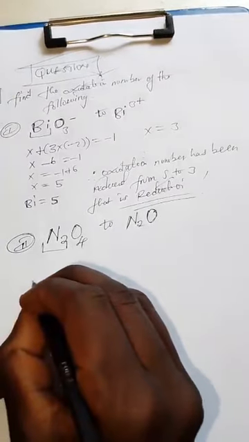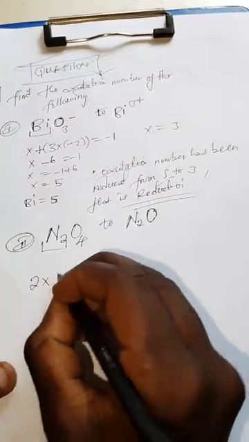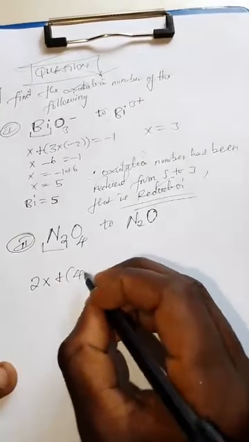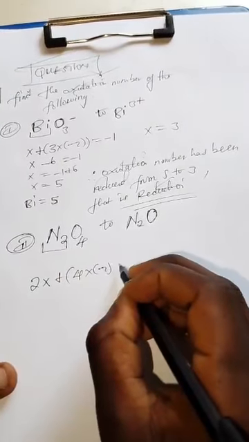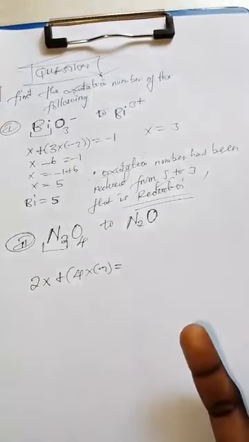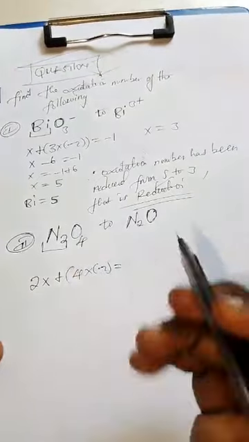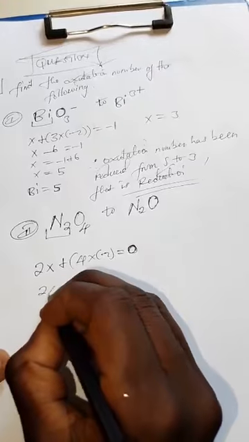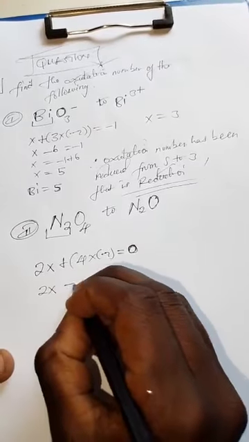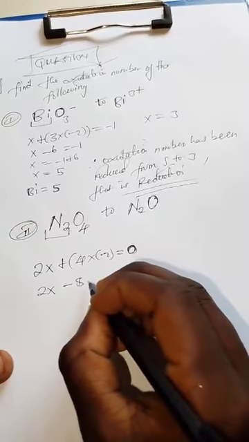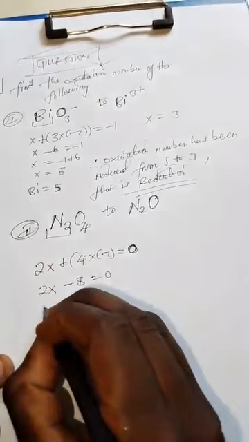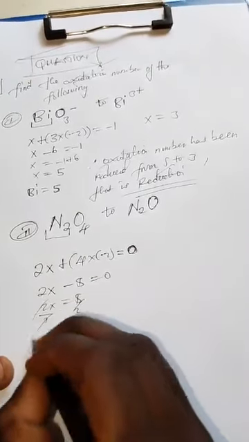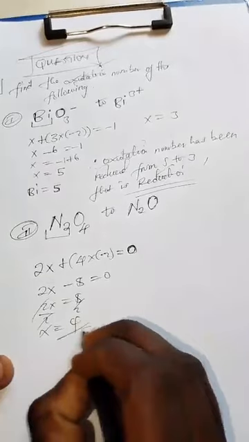You're going to say it will be 2x plus 4 times -2 should be equal to the overall charge. There's no charge on top, so the overall charge is 0. So 2x minus 8 should be equal to 0. So 2x should be equal to 8. Then the value of x will be +4.